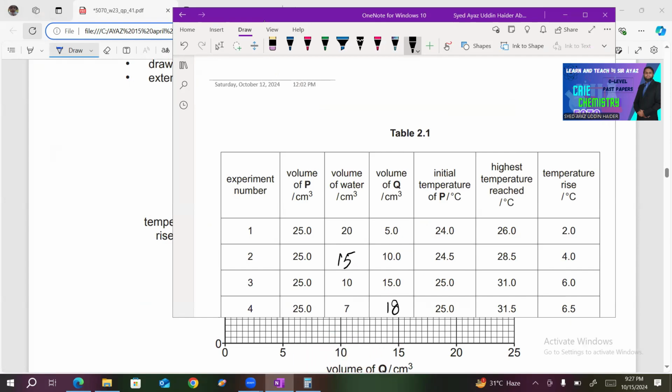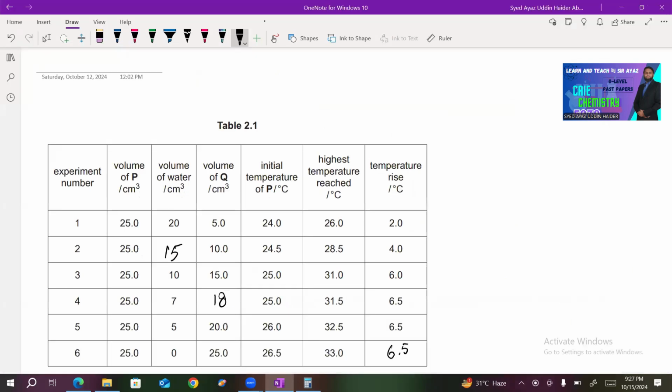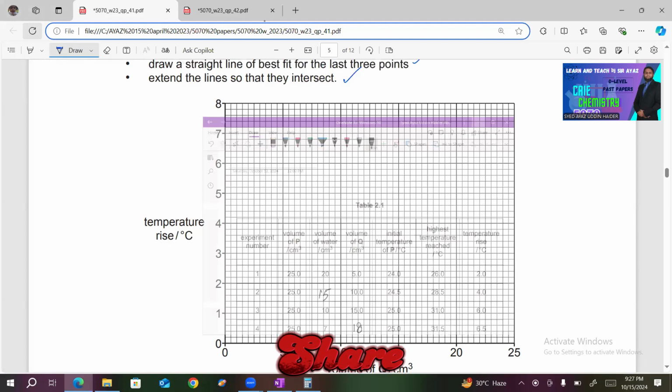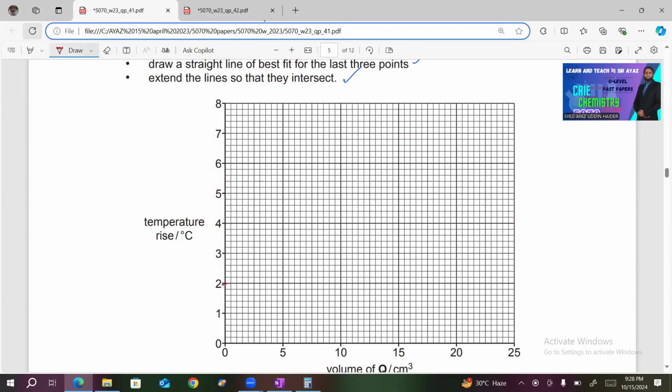There are 6 experiments. 2, 4, 6, now they're doing 6.5. It must be between 6 and 7.